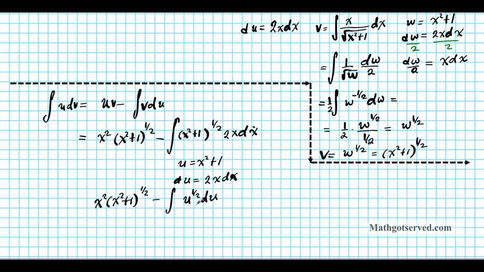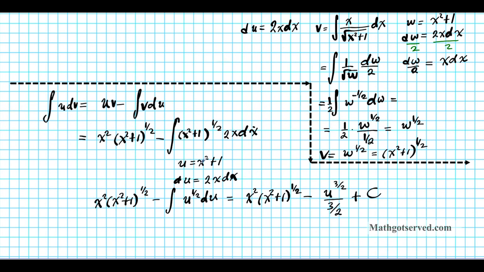Now we can apply the power rule to evaluate this integral right here. If we do that, it's going to become x squared times x squared plus 1 to the 1/2 minus, applying the power rule to this expression, u to the 3/2 over 3/2, plus the constant c. Now we notice that our variable isn't originally what it was, so we need to replace what u is to express this whole function in terms of x.